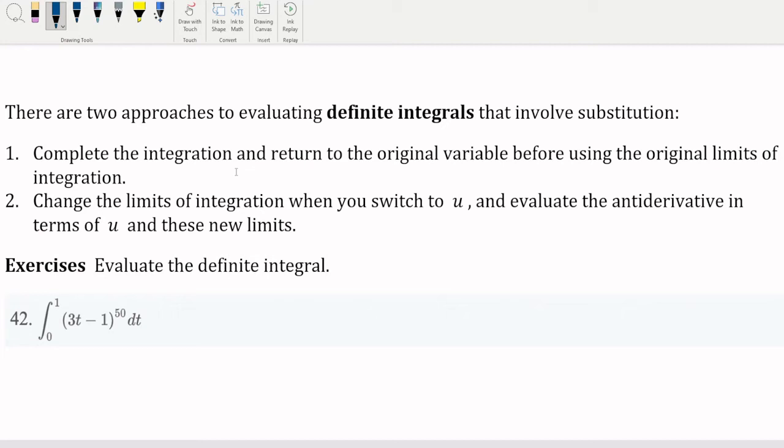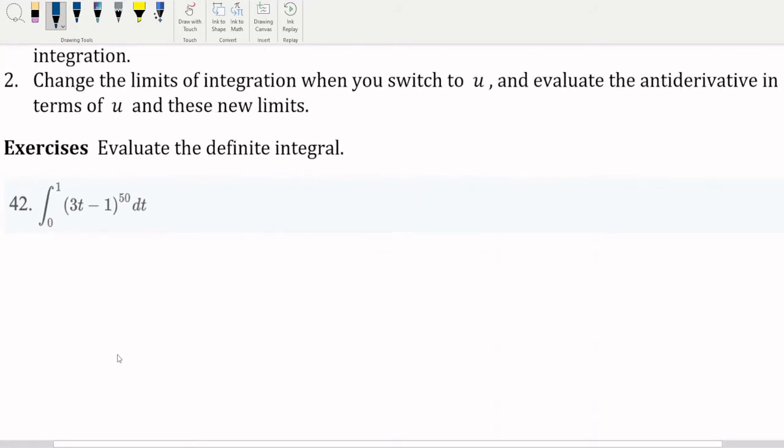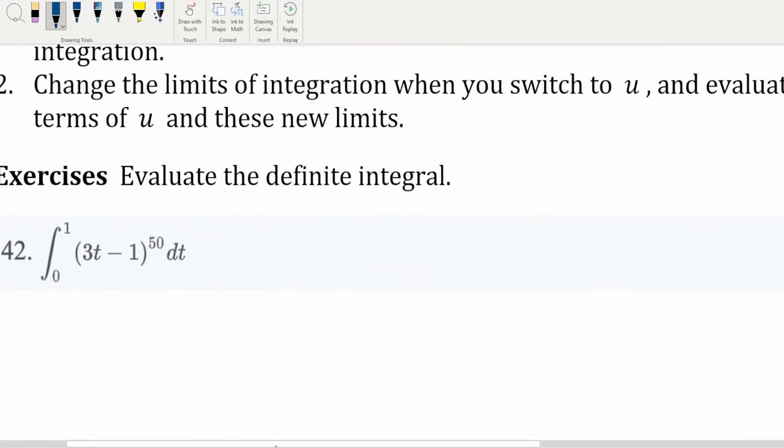So do the u-sub, do the antiderivative just like we did, switch back, apply the bounds. Or, and we'll do it both ways, you can change these limits from t's into u's and just use the new limits and keep everything in u. So those are the two ways. Let's try them both.